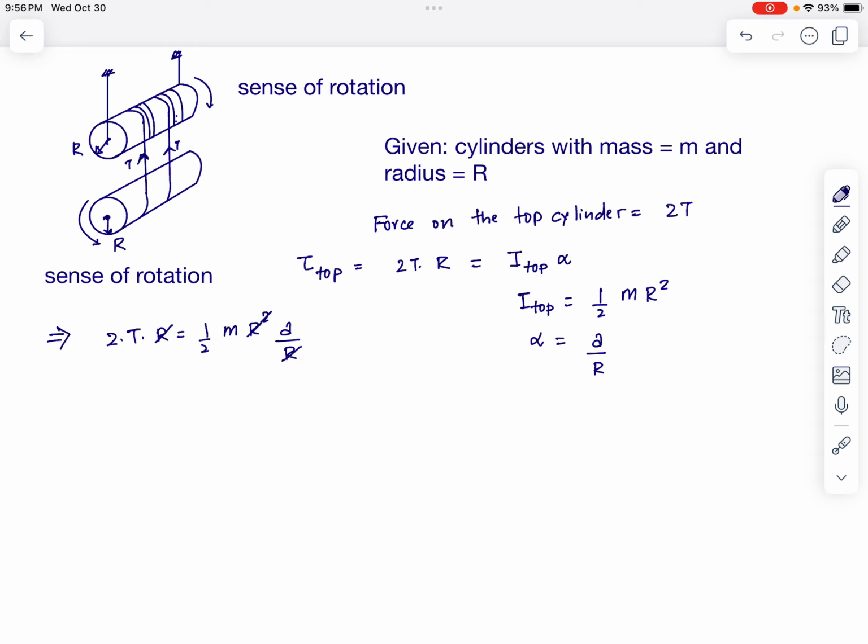So the linear acceleration at the periphery of the top cylinder equals 4T divided by m.